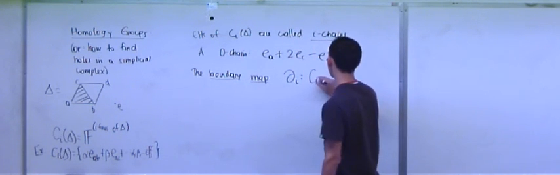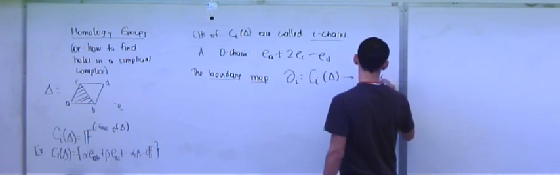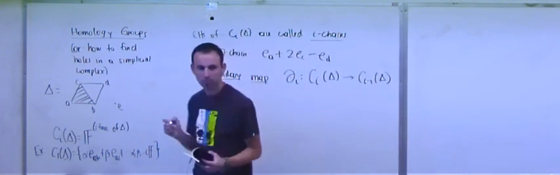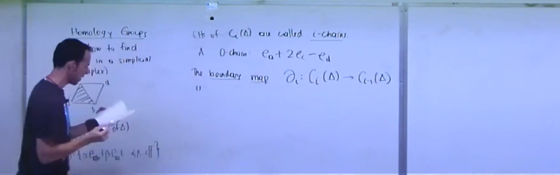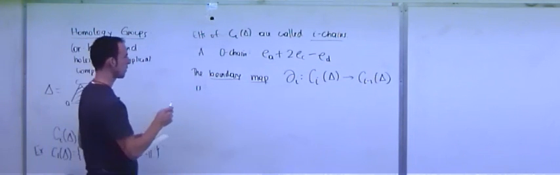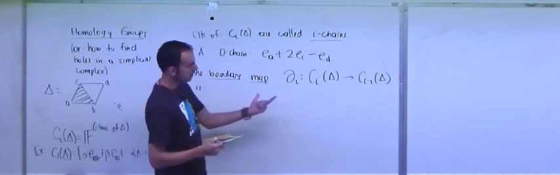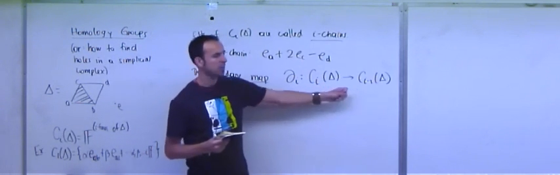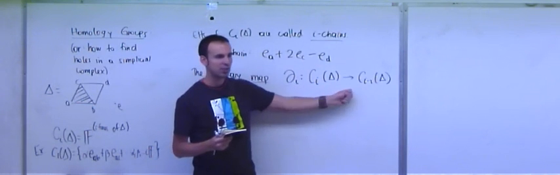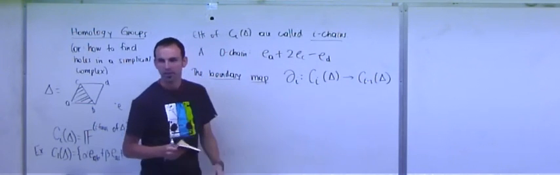So it takes i-chains into i minus 1 chains, and it's given by the following thing. What do I need to do? Well, this is going to be a linear map, because these are vector spaces, so if I want to define a linear map, I just have to tell you what to do with the basis vectors, and then you extend by linearity.